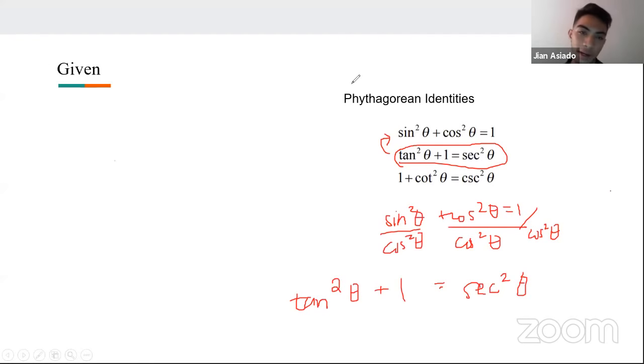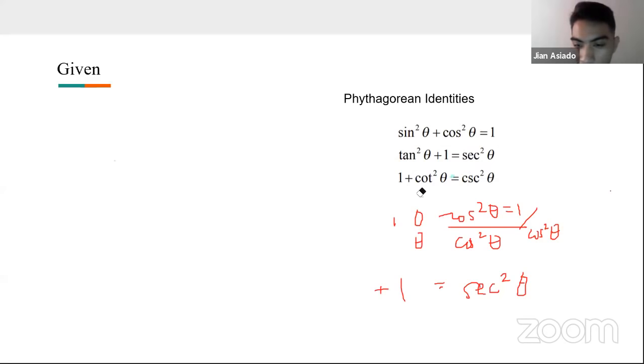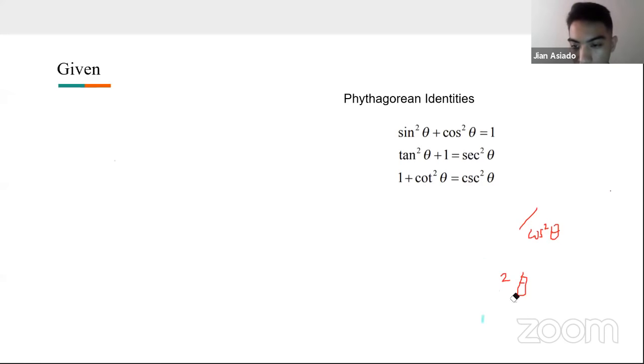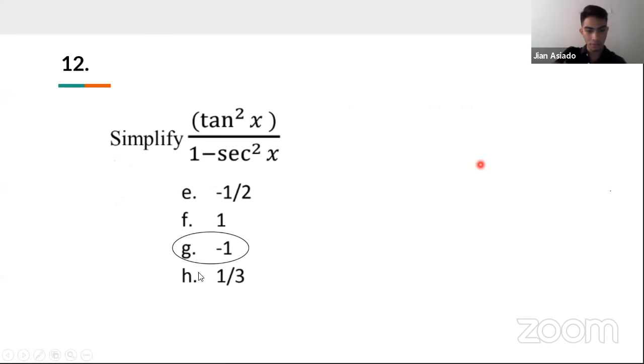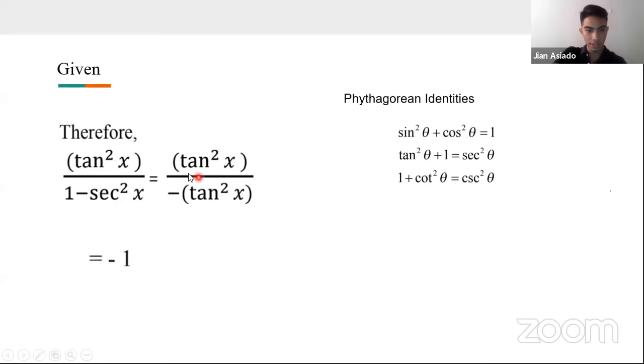Okay. Yep. Super valuable talaga nitong identities, no? Especially in higher like math or physics, no? Lagi siyang ginagamit. Okay, and then ayun, so gamitin lang yung identity na to, no? So ayan, this one, no? Si tangent.